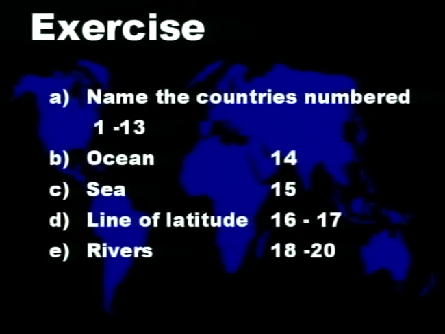The first activity, you are going to name the countries which are numbered 1 to 13. Numbers 1 to 13 should be countries that you will be able to locate from your atlas and write down the correct country next to the number.